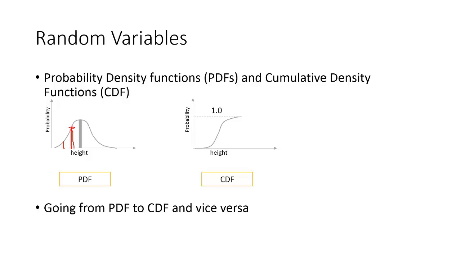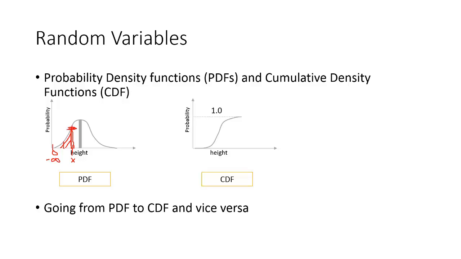But the cumulative describes the probability from the lower end of this axis, and that can be 0, or it could be something like minus infinity, or some other value, the starting point essentially. From that starting point all the way up to the point of interest. So if this is x, the PDF describes the height out here for x.